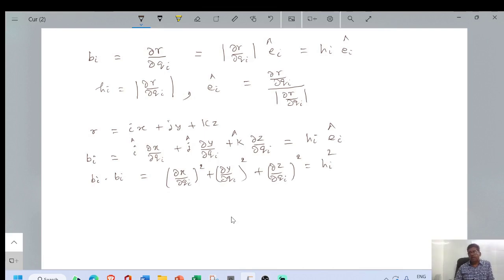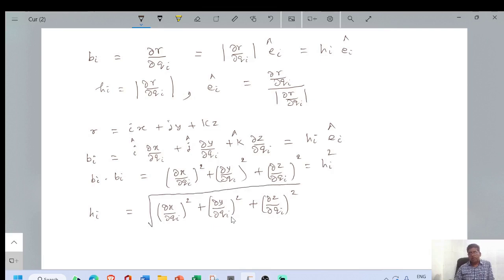Here e_i is our unit vector, so h_i e_i dot h_i e_i equal to h_i square, since e_i dot e_i equal to 1. From this the value of h_i equal to the square root of (∂x/∂q_i) whole square plus (∂y/∂q_i) whole square plus (∂z/∂q_i) whole square. This is the value of h_i.